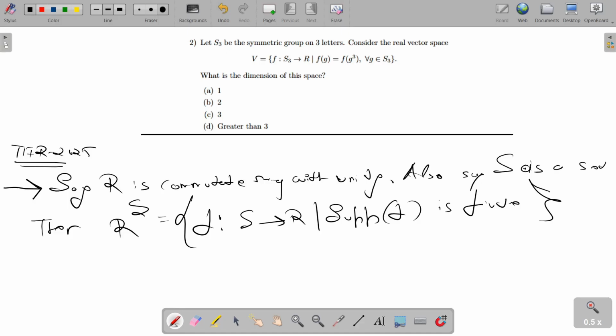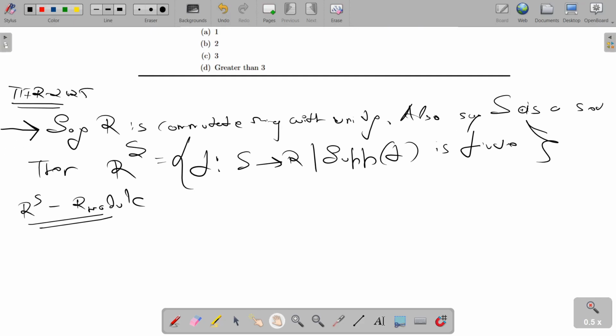So R power S forms an R module. In our given question, R is a real vector space, so R is a field.